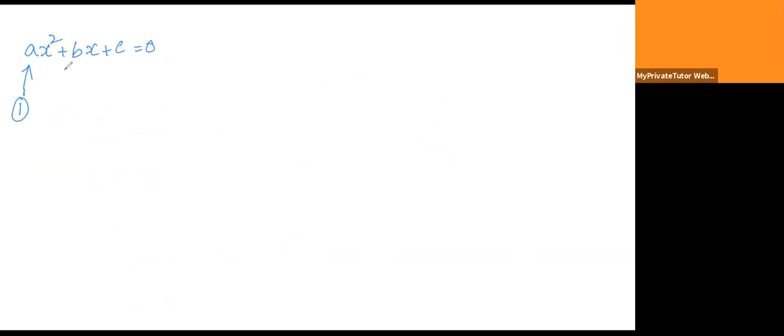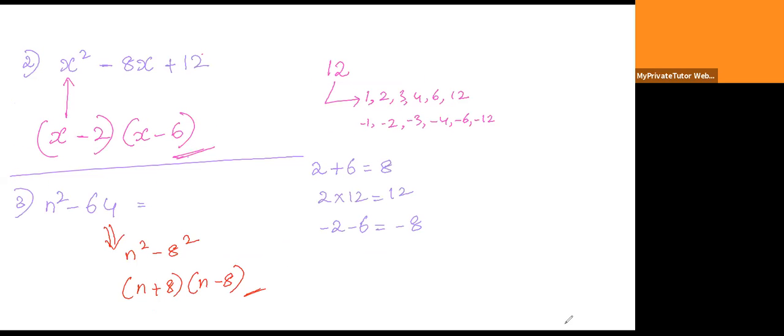If the a value is 1, we can solve it directly: check which two numbers add up to the middle number and multiply to the constant, and then write down those factors directly. But if the a value is more than 1 or less than 1, what do we need to do? That's what we're going to explain now.